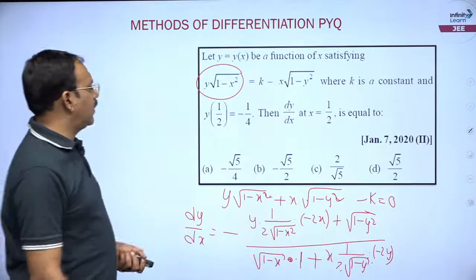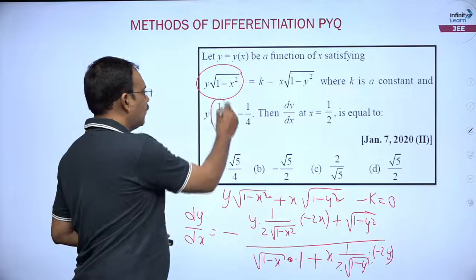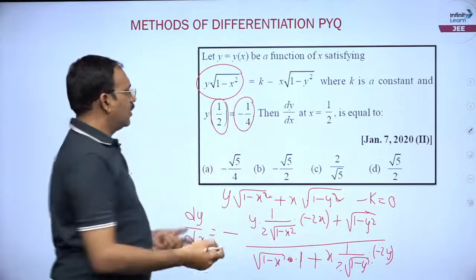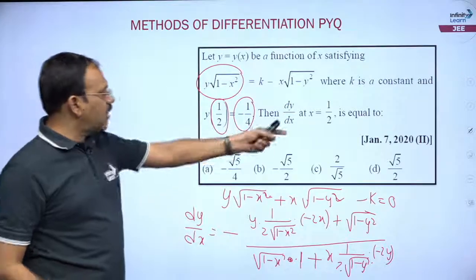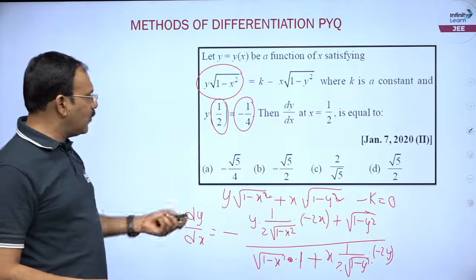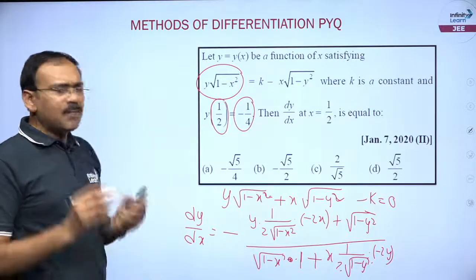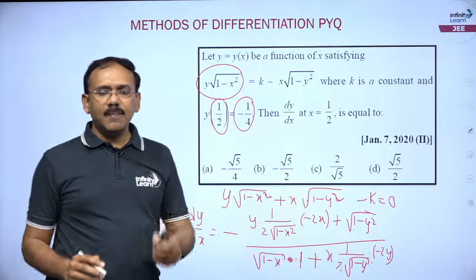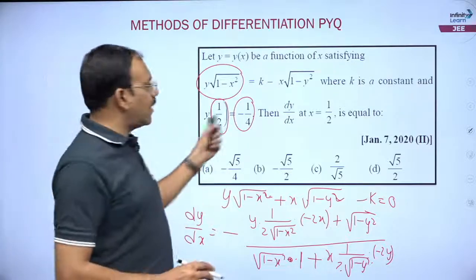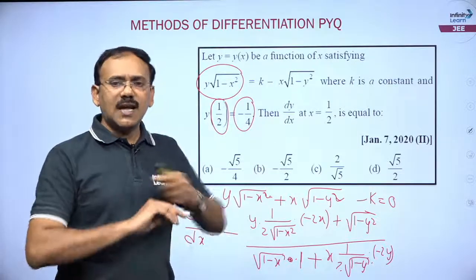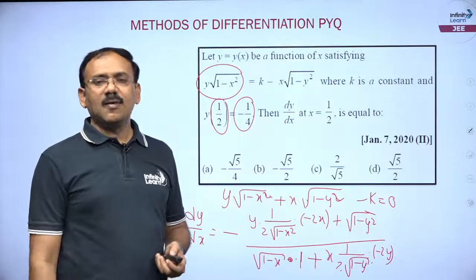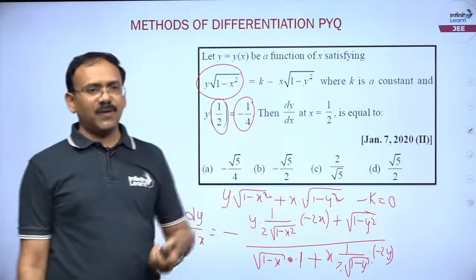Now it is simple, x you put 1 by 2, y you put minus 1 by 4, you will get the derivative. He is asking derivative at 1 by 2, that is all, you will get the answer. So, the matter is only one point, implicit differentiation: x, y are mixed together, just go directly ahead, simple shortcut, minus dou f by dou x by dou f by dou y.